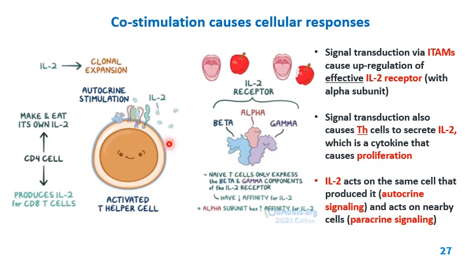That type of signaling, to cells that are close by, is called paracrine signaling. So if the cell is activating itself, that is autocrine. If it is activating a cell that is close by, that is paracrine.